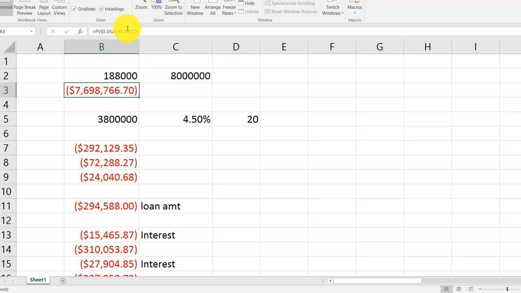You could do the present value of the payment and then the present value of the maturity value separately and then add them together, but you can do it all together in the formula this way. This takes the present value of each of these payments and the present value of this $8 million at the end, adds it together, and we get $7,698,767.